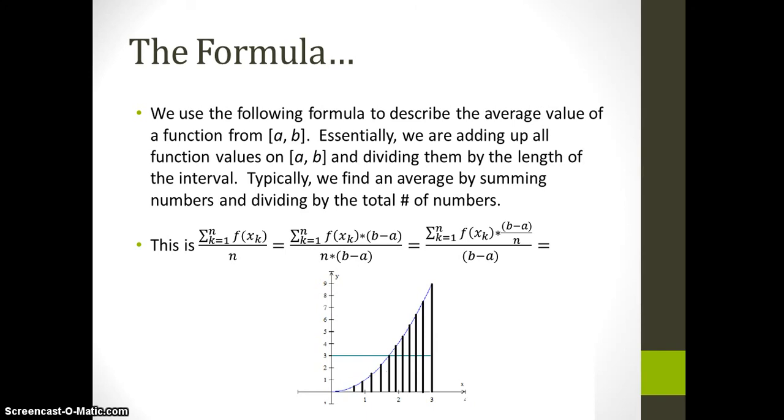Well, if it's a Riemann sum, then we can rewrite this as an integral, especially as the limit as n goes to infinity. We get the integral from a to b of f of x dx over b minus a, and this will be our formula that we use for finding the average value of a function.